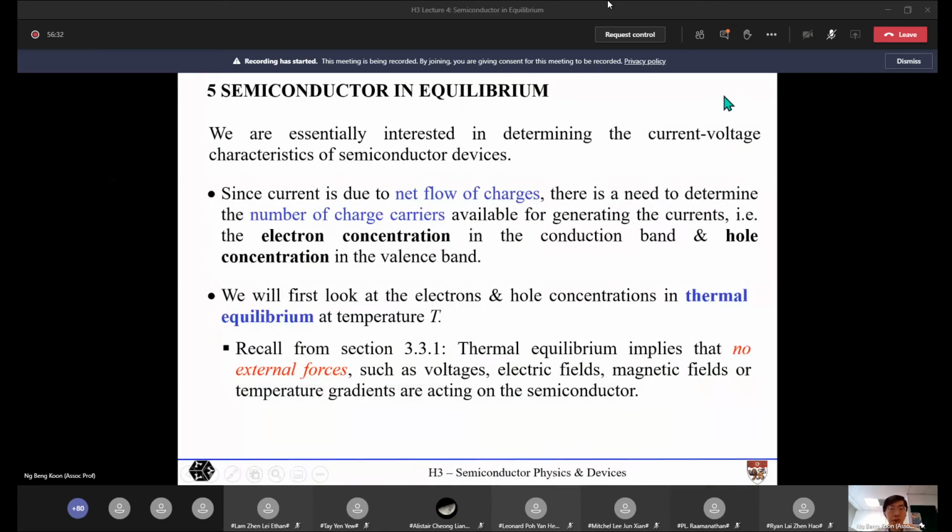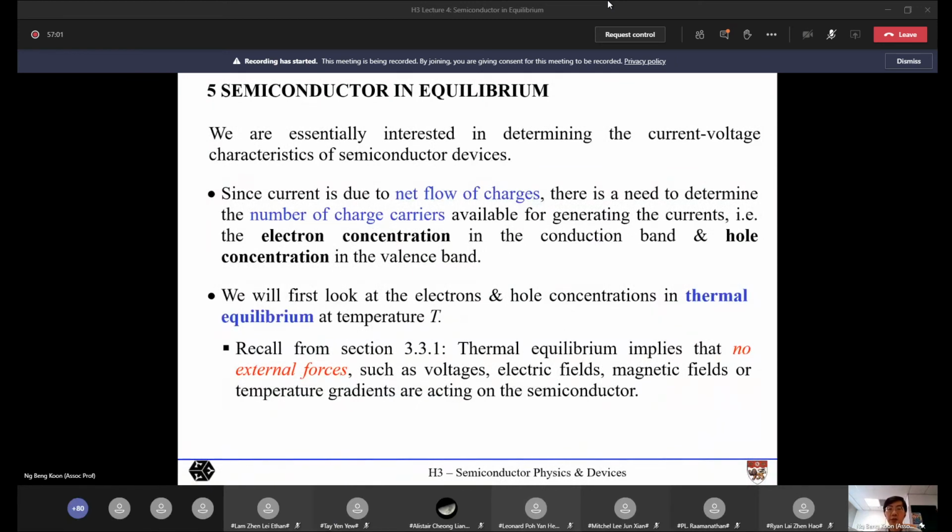Right, so for today's discussion, we're going to look at how to calculate, or in fact how to derive, the concentration of electrons and holes in the semiconductor from basic fundamental considerations. This is important because when we describe the current-voltage characteristics of a semiconductor, the important part is the number of carriers you have in the semiconductor, right?